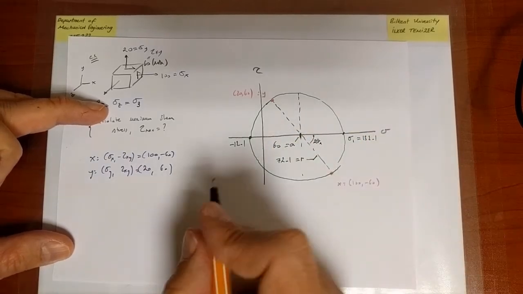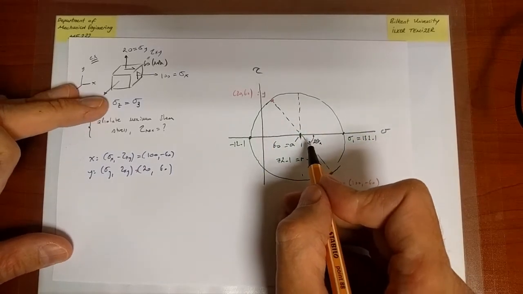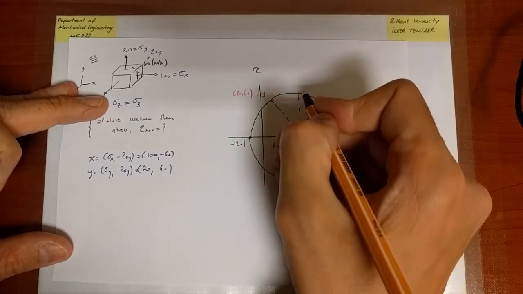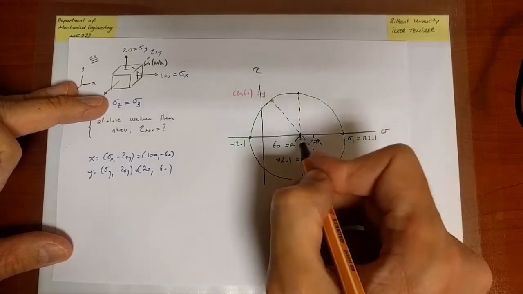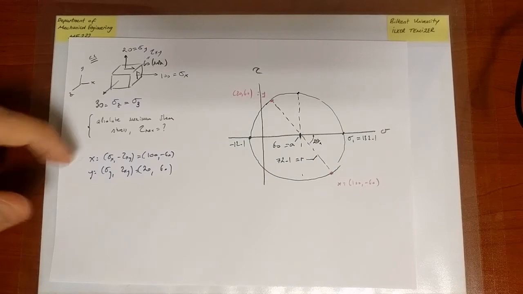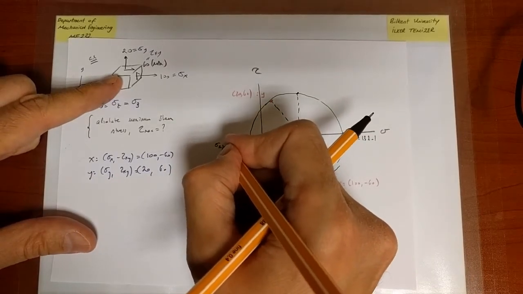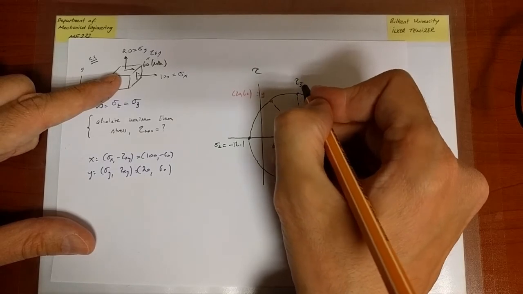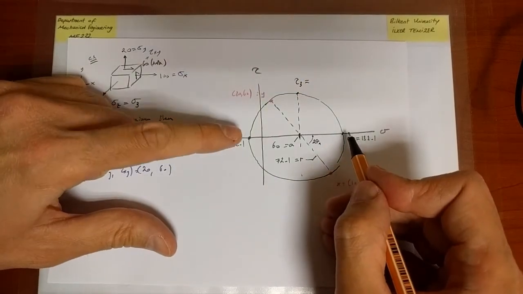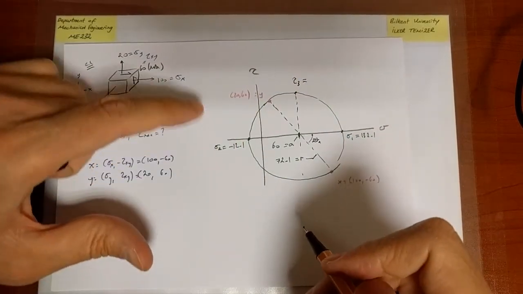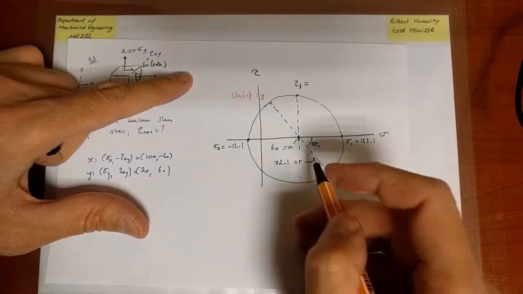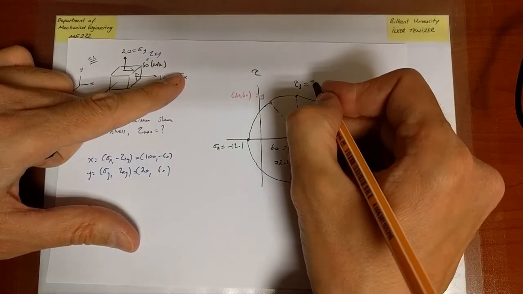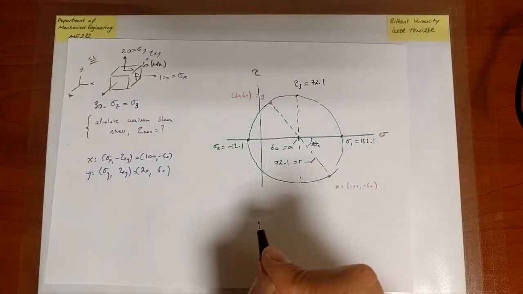We're not calculating that explicitly, but let's go ahead and write the value of 1, and that is sigma 2. Let us go ahead and indicate this to be tau 3, which is now equal to the radius, which is equal to 72.1. Okay.